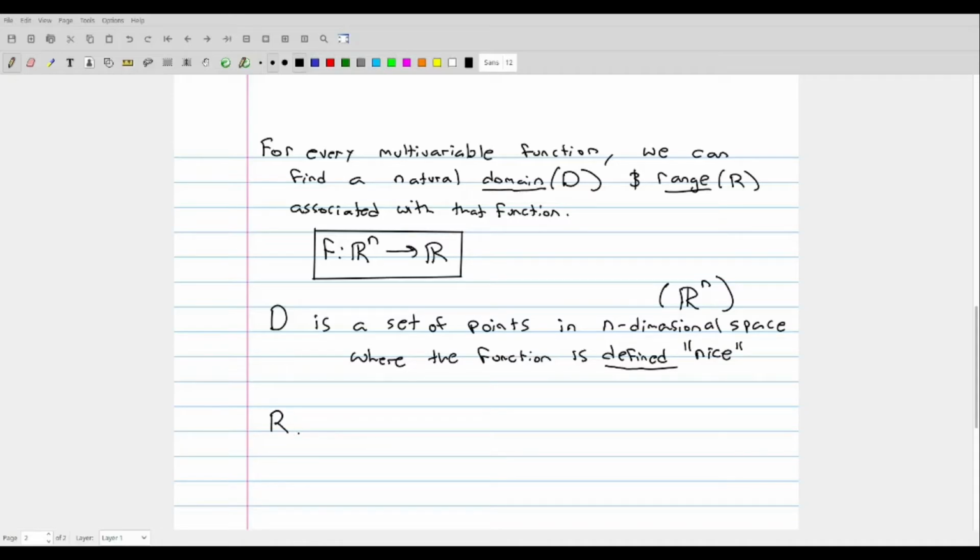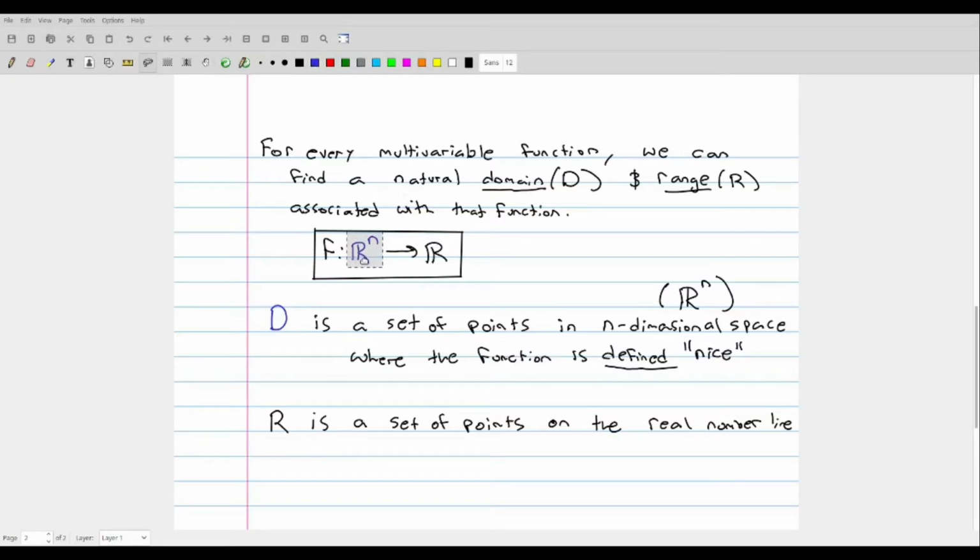So the range R of a function is a set of points we'll put on the real number line. I'll also use a little bit of color here to denote that this D, the domain of the function, relates to this right here.